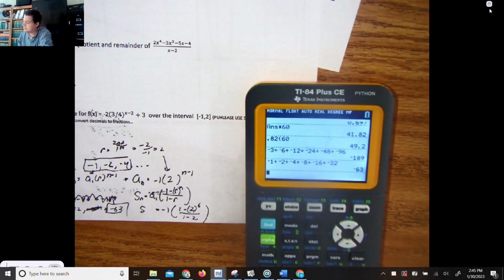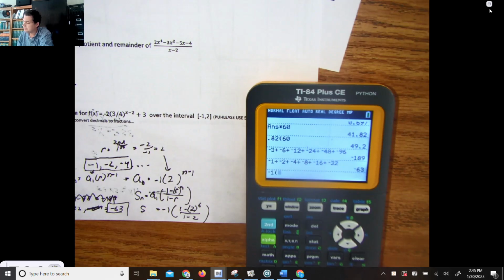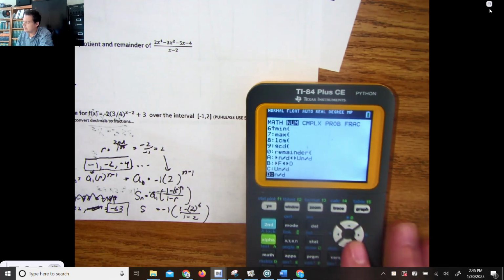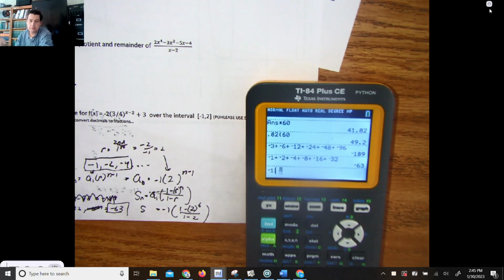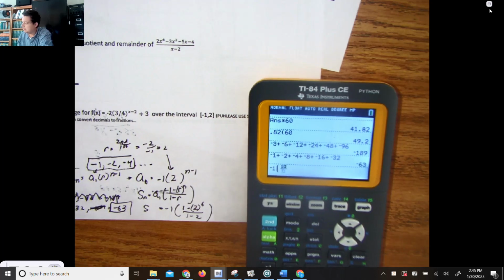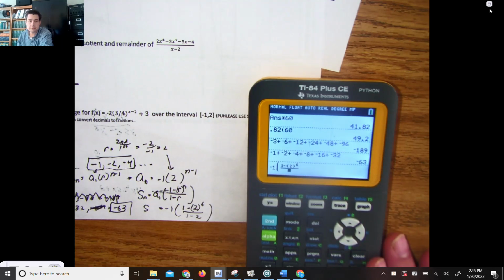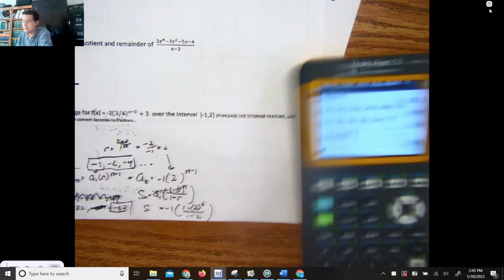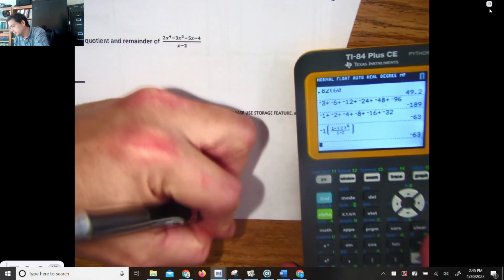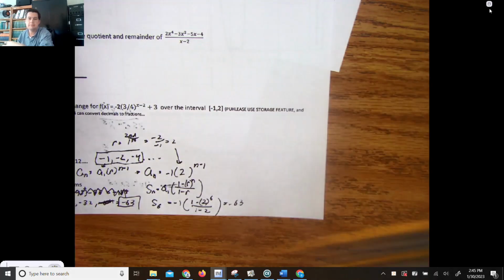I guess a lot of it depends, can I memorize a formula? So, -1 parentheses, 1 minus, and you don't have to wrap that 2 because it's positive. But, you know, be safe. Over 1 minus 2 to the 6th over 1 minus 2. You don't have to close out the parentheses either if you don't want to. It was -63. Doesn't really matter which way you do it, you get a -63.